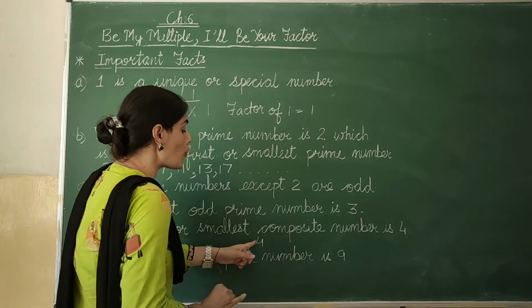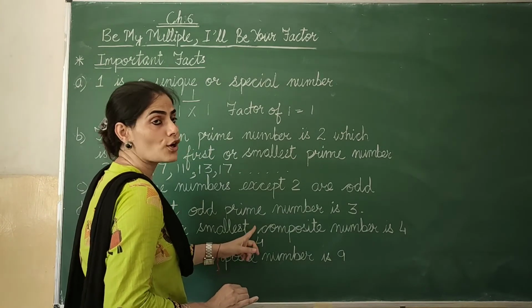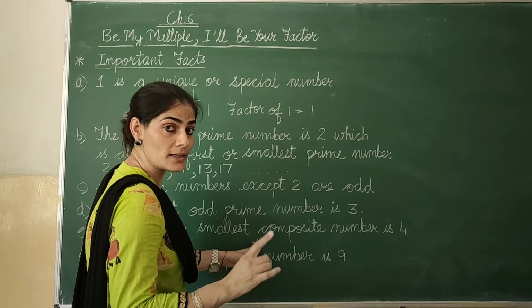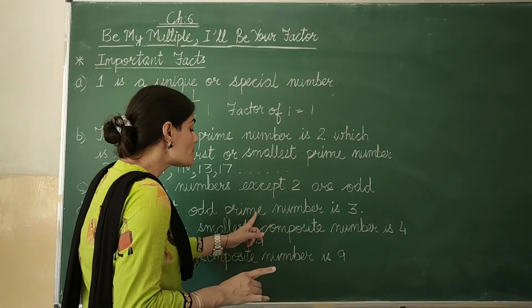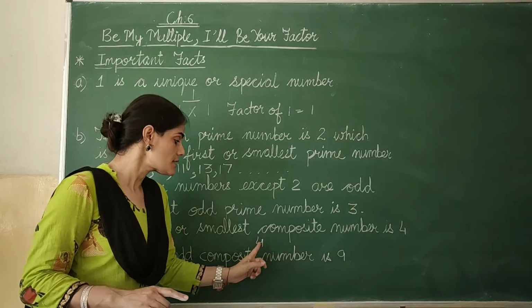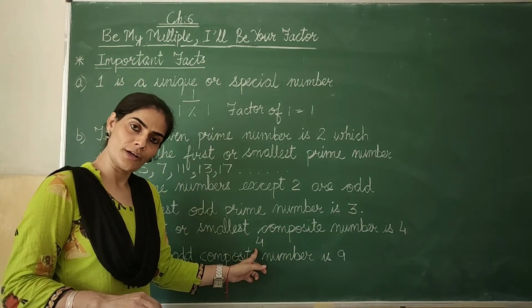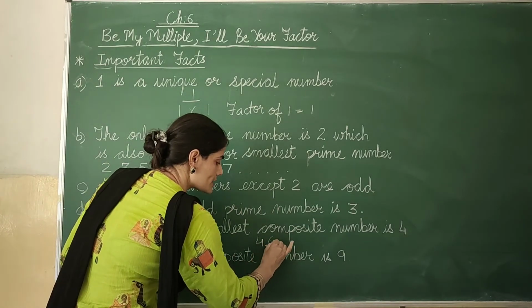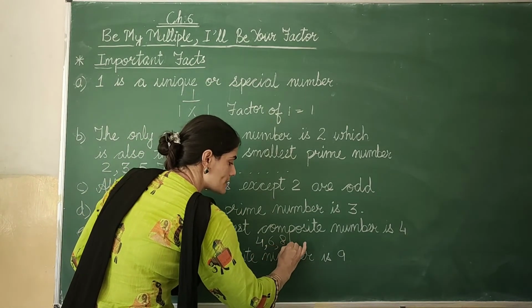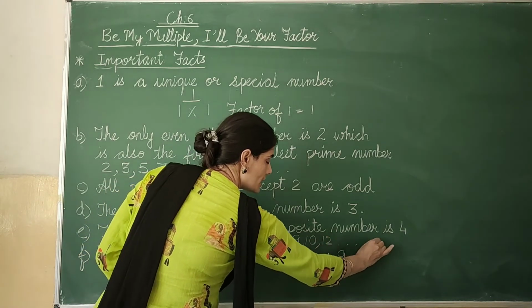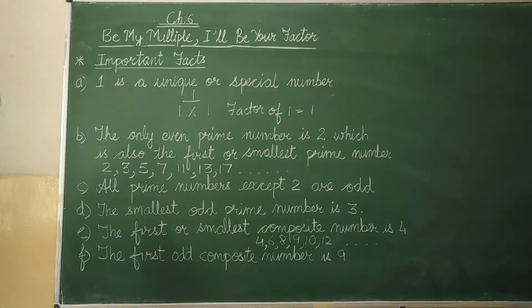So next is 4. Why 4? Because 4 has got 3 factors, 1, 2 and 4. So the first or the smallest composite number is 4. Thereafter we have many more, like 6, 8, 9, 10, 12, and so on.